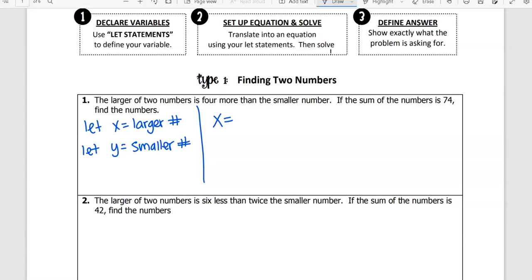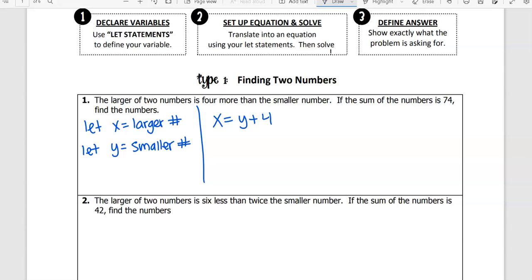What if I said, what's 4 more than 10? 14. So what did you just do? You added, right? It helps to make up numbers and see what happens. So if I'm doing 4 more than my small number, we're adding 4 to the small number. So x equals small number plus 4.